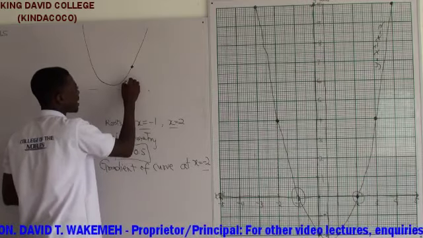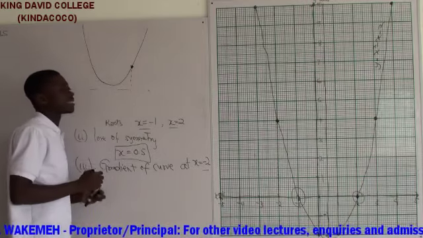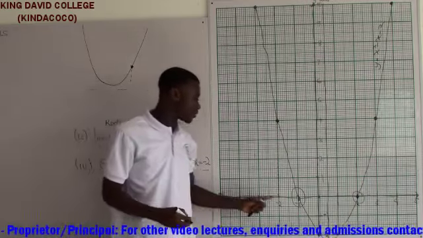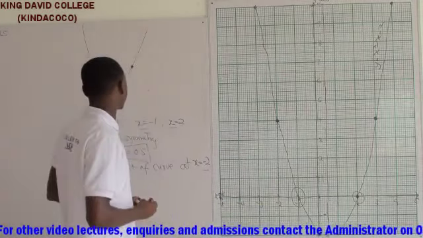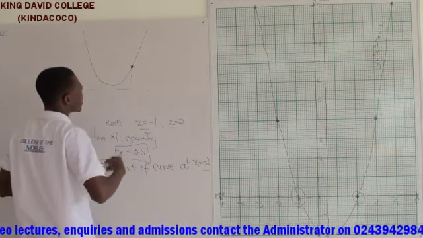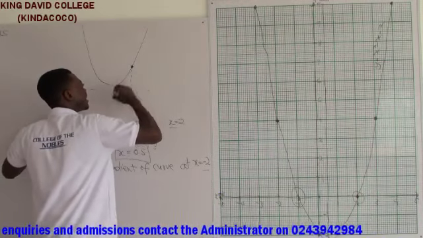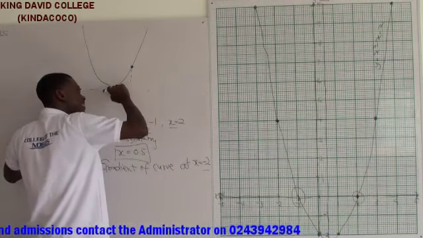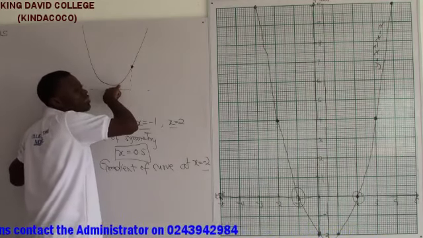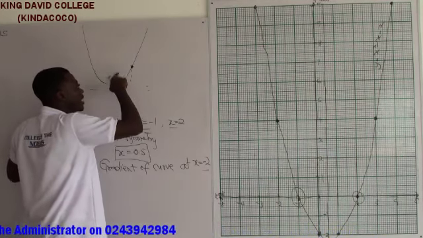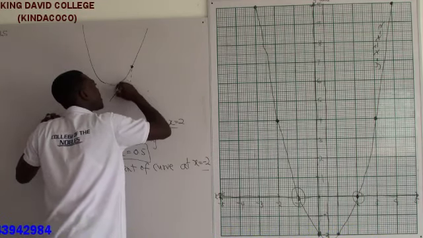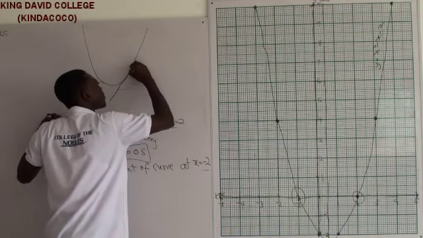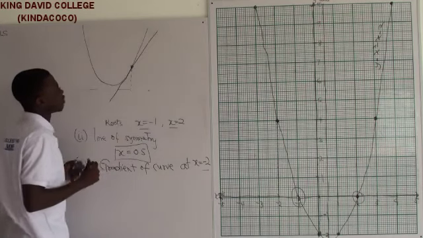And then when I trace my x is equal to 1, it touches the curve at this point. Just like we trace the x is equal to 2, it touches the curve at this point. Then now, we are supposed to rule a line that is asymptotic to this. It mustn't cross it, but it must go beside it and then touch it at that point.